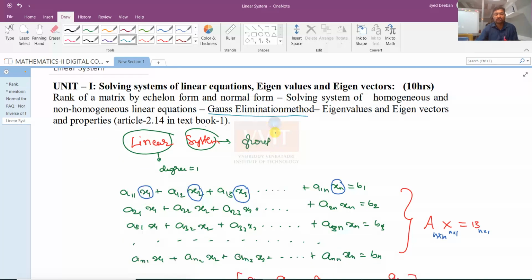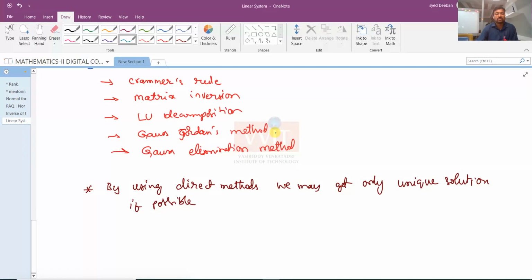Only these two we may discuss here. The others were already covered at lower classes, and they were in the earlier syllabus, so we are not going to discuss them now. Only Gauss-Jordan's method and Gauss elimination method I am going to discuss.